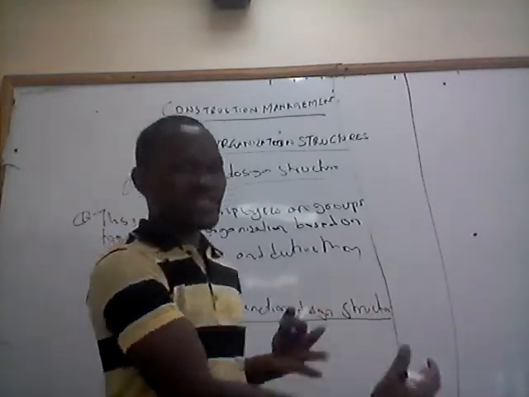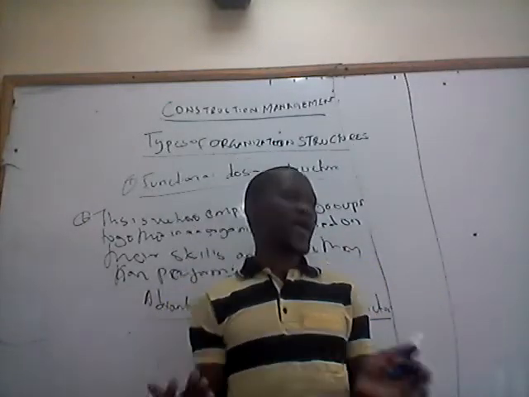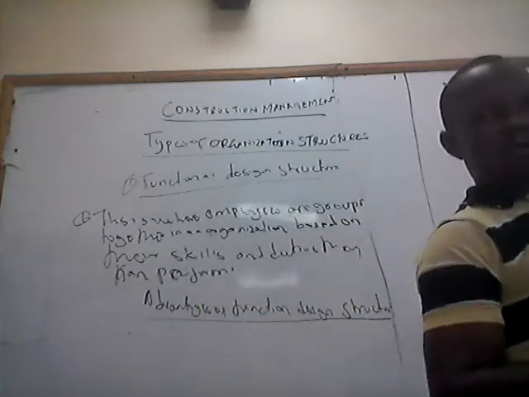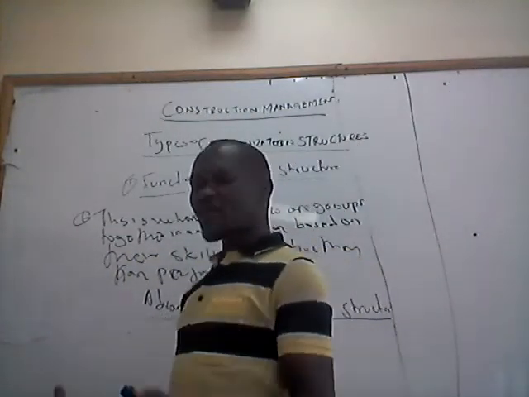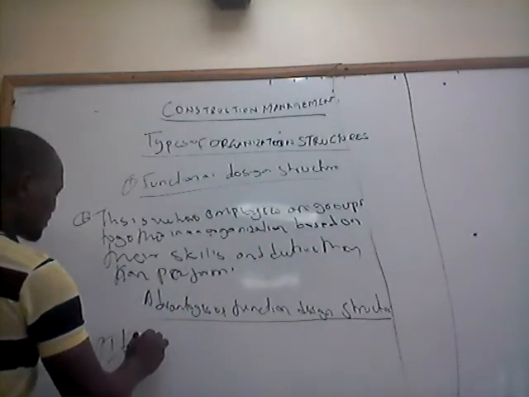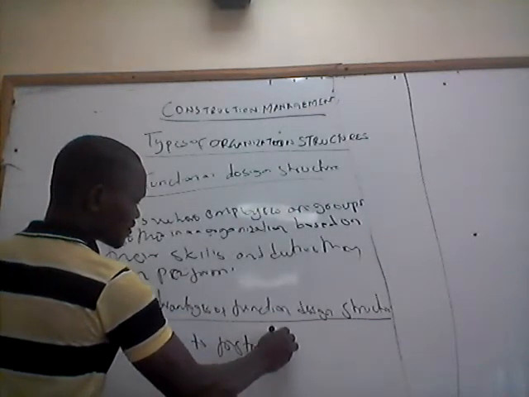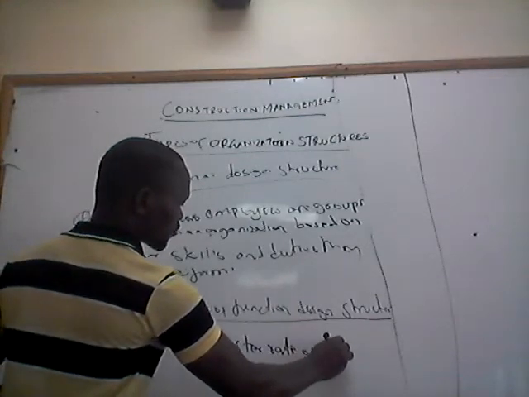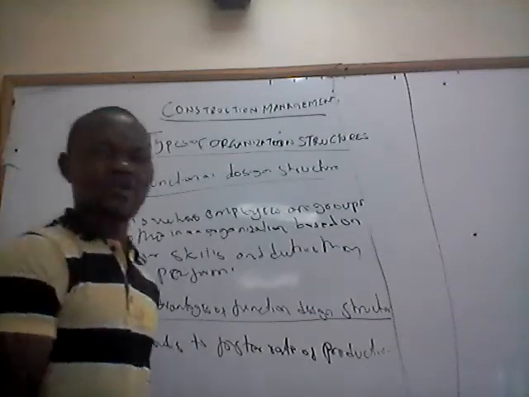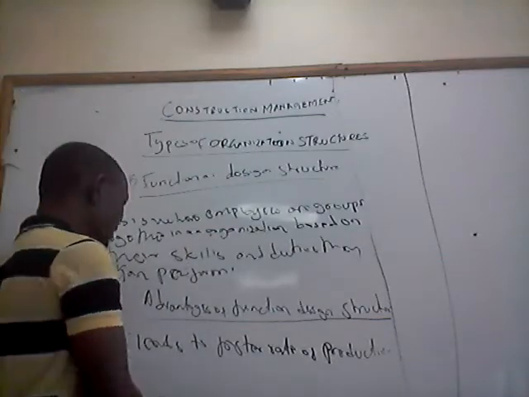The basic advantage, which is always common: since you have grouped this person where he has more skills, automatically the speed of production will be very fast. So one, it leads to a faster rate of production. Since you only give him what he has more skills in, he will do this job very fast.